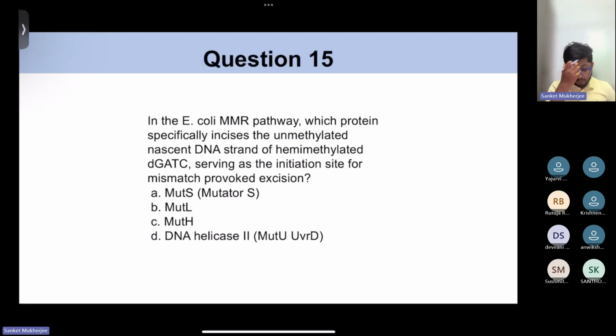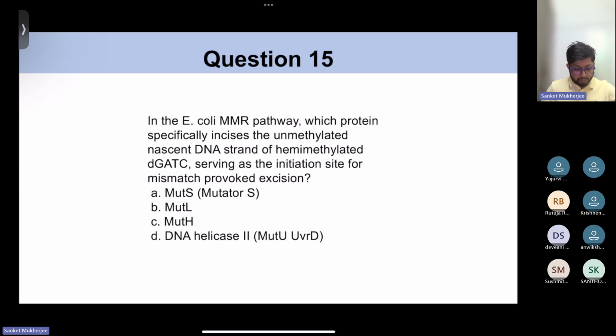Question 15: in the E. coli MMR mismatch repair pathway, which protein specifically incises the unmethylated nascent DNA strand of hemimethylated GATC, serving as the initiation site for mismatch-provoked excision?